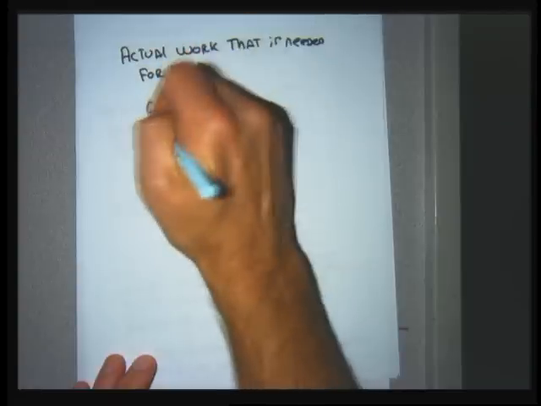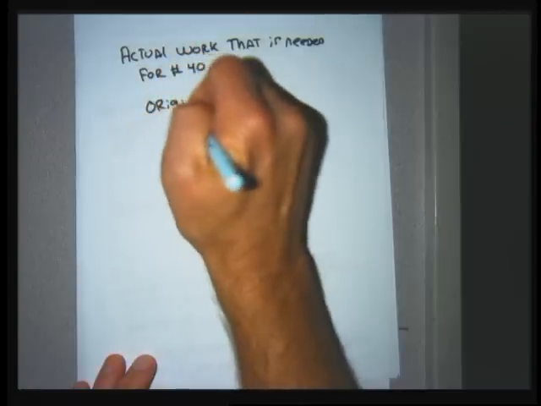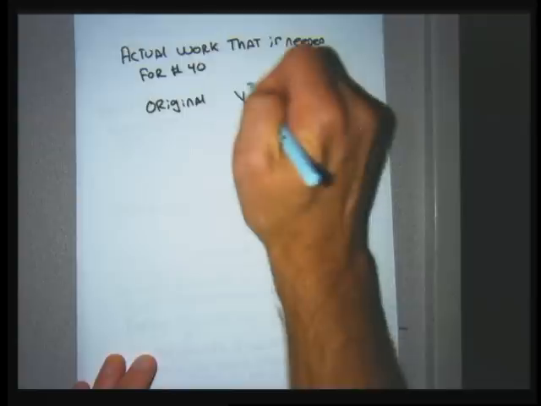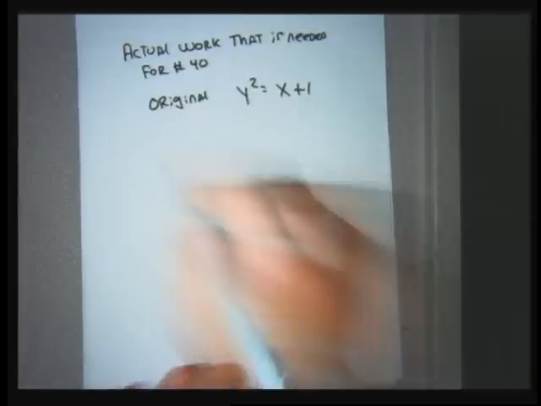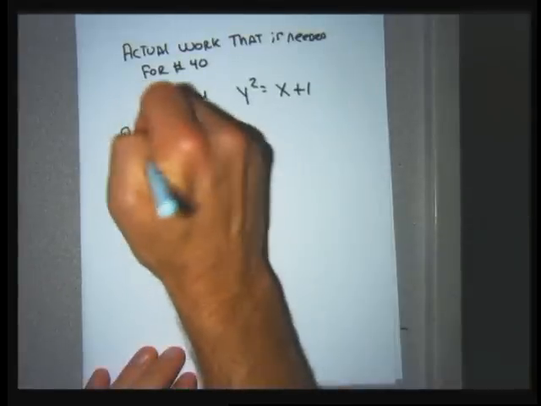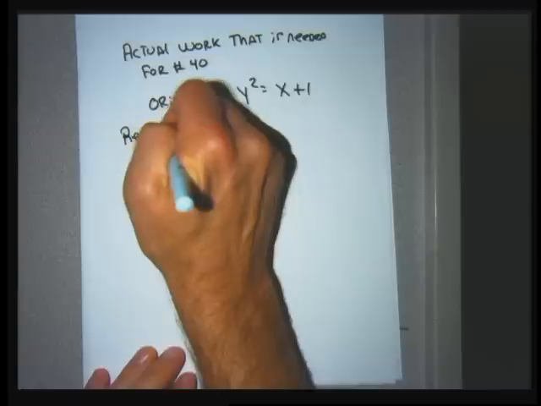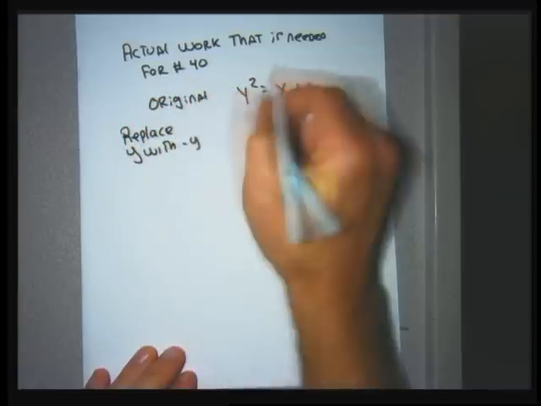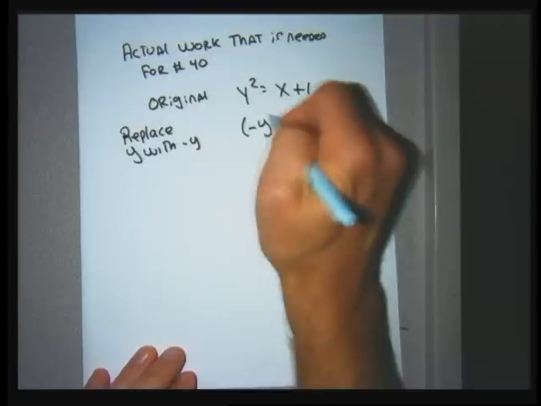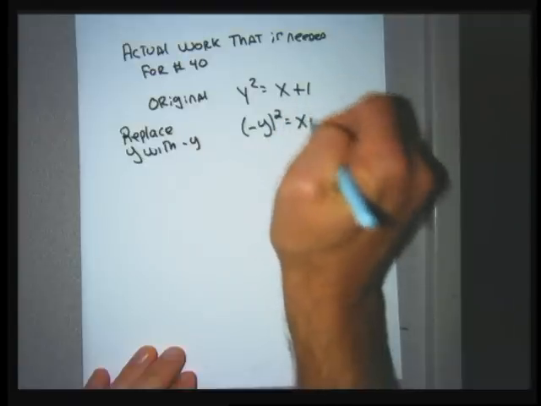The original problem was y squared equals x plus 1. What I'm required to do is change the y to negative y and simplify. So I'm going to go negative y quantity squared equals x plus 1.